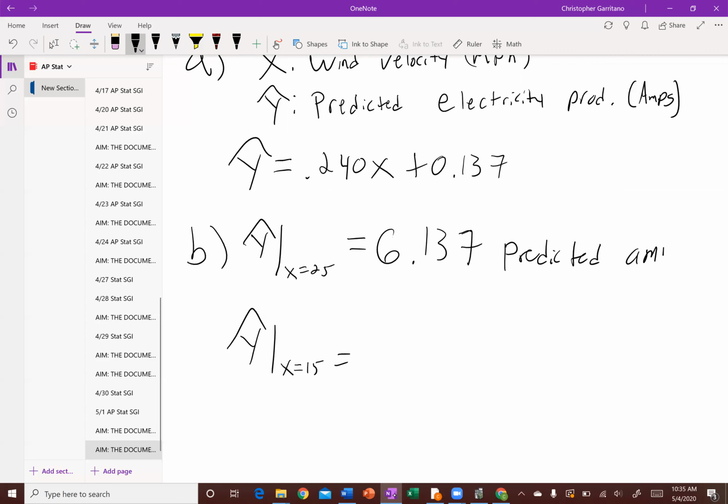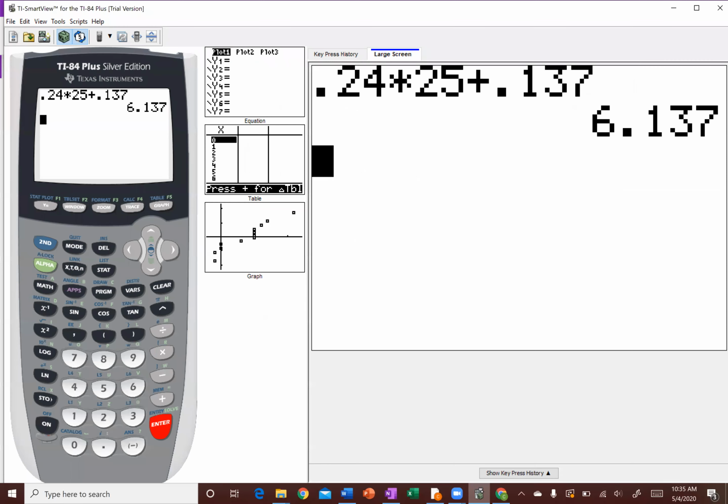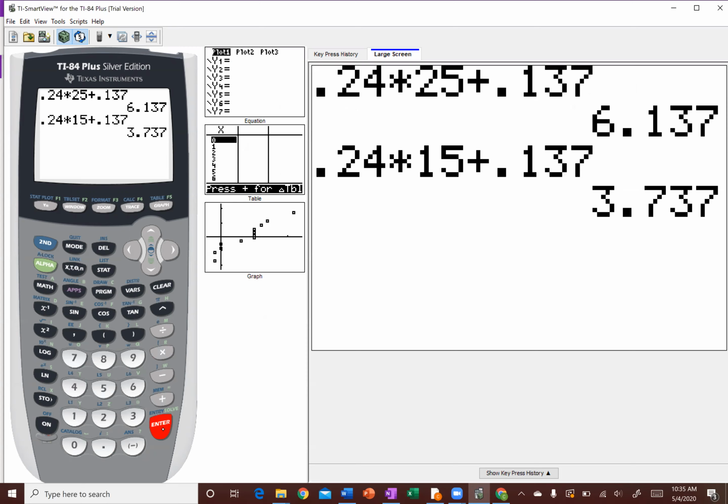I know it sounds annoying, but it is important that you state these units as predicted amps because that's exactly what they are. And the other one, 0.24 times 15 plus 0.137, enter, 3.737.